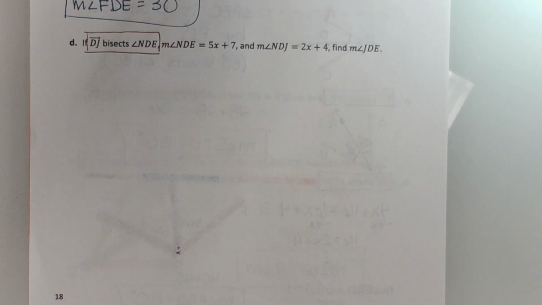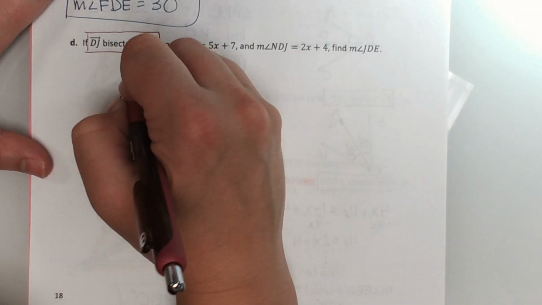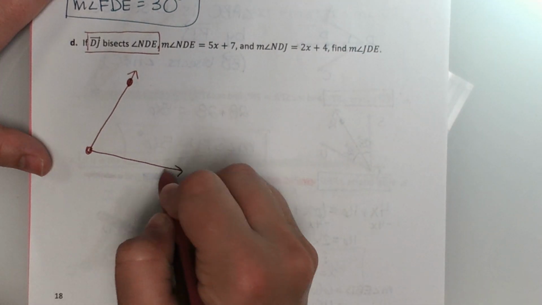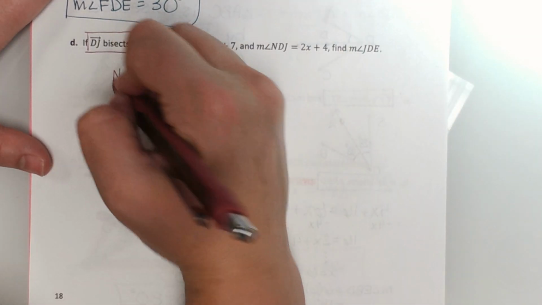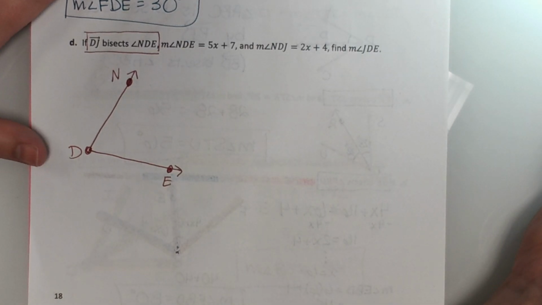Draw a picture and draw an angle. Label the angle NDE. In other words, D is the vertex.